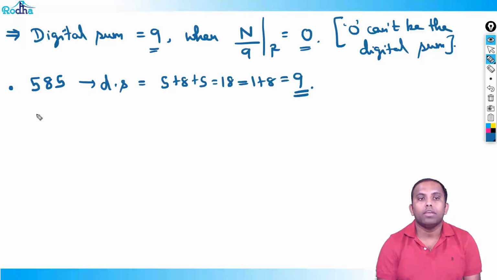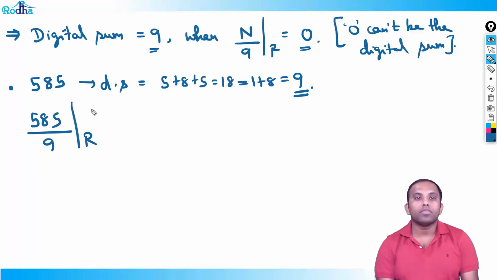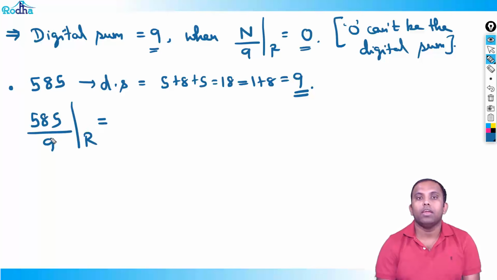That we can also get by 585 by 9 remainder. 5 plus 8 plus 5, 18, so this number is completely divisible by 9, so the remainder will be 0. That doesn't mean that 0 is the digital sum. If remainder is 0, that means digital sum is 9, not 0.